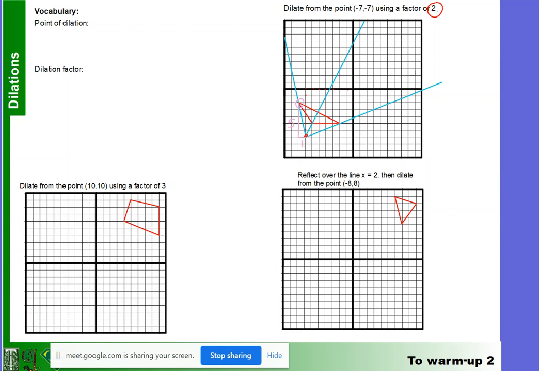What used to be 5 points away from the point of dilation is now going to be twice that distance. So how far up will the new point be? 10. So let's go up 10. I've already gone up 5, 6, 7, 8, 9, 10, and it's going to be on this line. And luckily, 1 times 2 is 2, and that's 2 over already. So I've found my new point for this original.